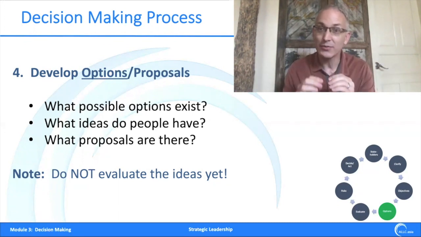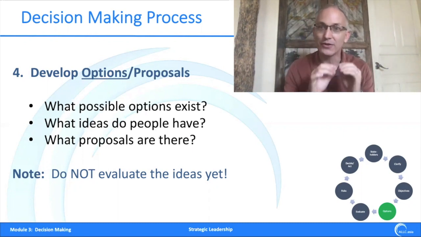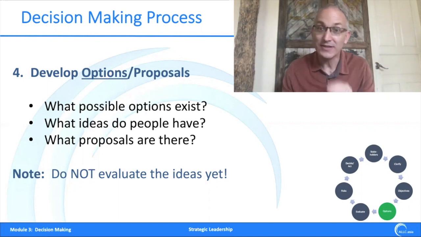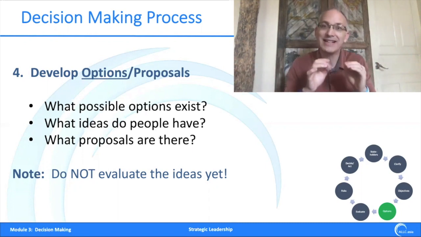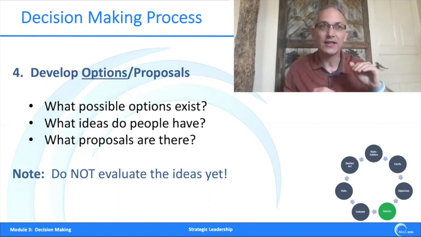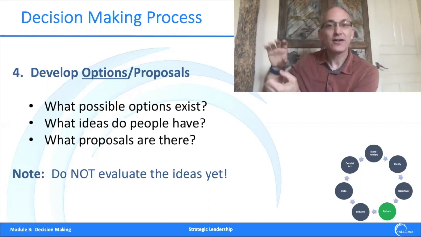In this decision-making process, it's very important that you try not to think about or talk about any of the options until this step. The reason is, if you're thinking about particular options or alternatives that you might choose, people have a tendency, when they're coming up with their list of objectives, to describe the option that they already like the most.